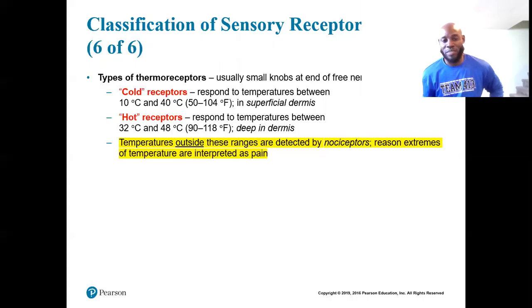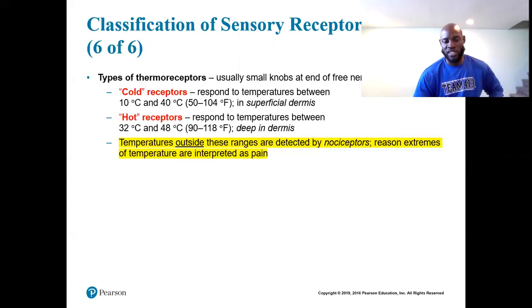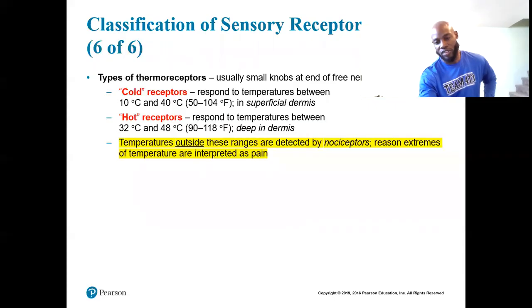It interprets it as pain. So below 10 degrees Celsius, or above 48 degrees Celsius, your body basically interprets that as pain. Okay? If something is too cold or too hot, it's just interpreted as pain when it gets into your body.